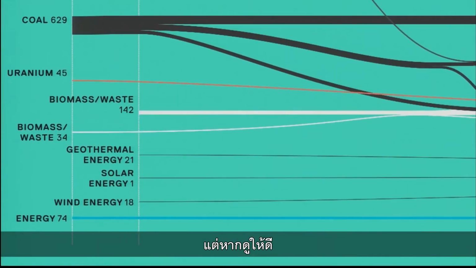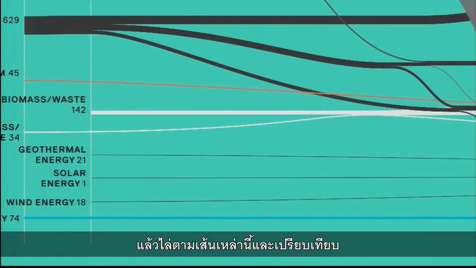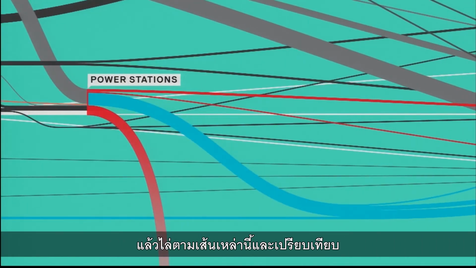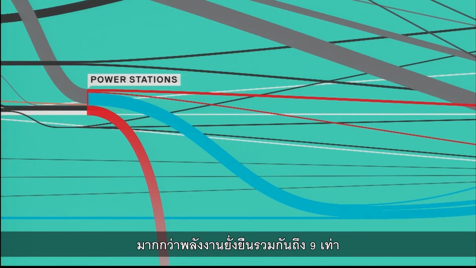But if you take a closer look, and you look at these more sustainable energies like biomass, waste, geothermal energy, solar energy, and wind energy, and you follow their path, and you compare it here, in the Netherlands, we throw away 9 times more energy by throwing away still heated cooling water than all these sustainable energy sources added up.